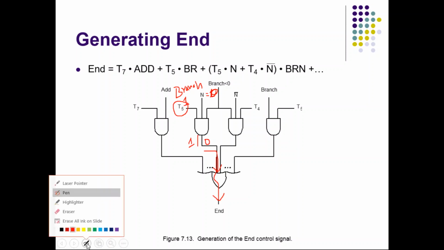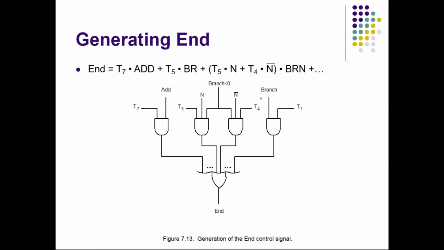Say if T4 is 1, if n is 0, then negative of 0 is 1, so 1 and 1 is 1, so this will enable the OR gate. And the output is 1, but it is enabled by which instruction? T4. So as a result T4 executes and T4 says just end.